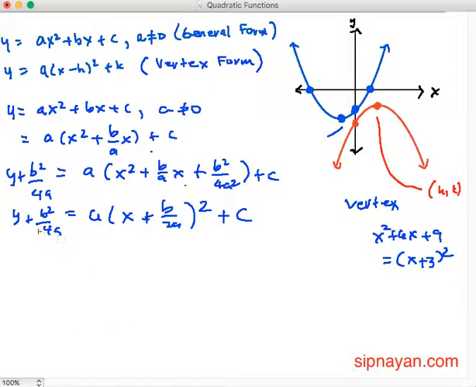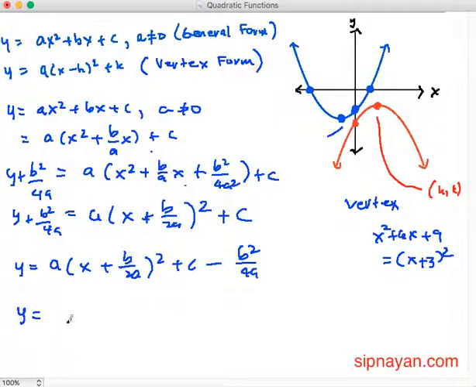So we subtract this from this expression and then subtract also from here. So magiging y equals a times quantity x plus b over 2a squared plus c minus b squared over 4a.